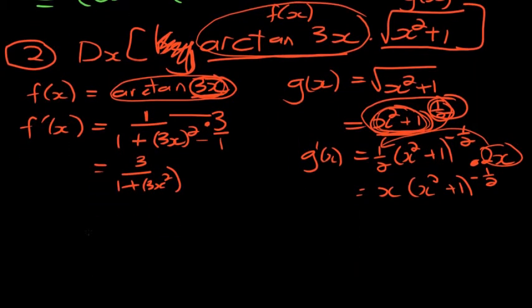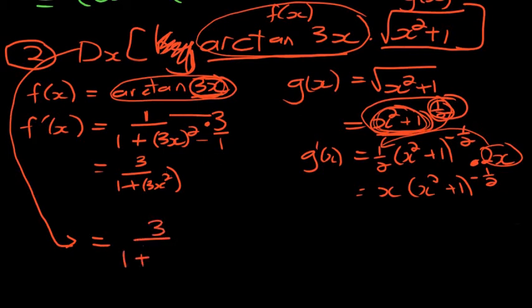Now we can solve this. We're going to continue from the derivative there. So what you will do is get the derivative of f(x), and that is 3 over 1 plus 3x squared.